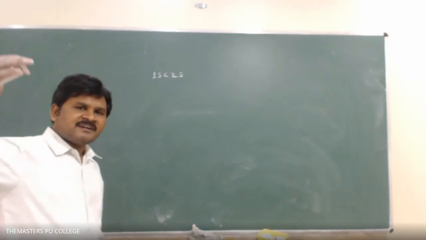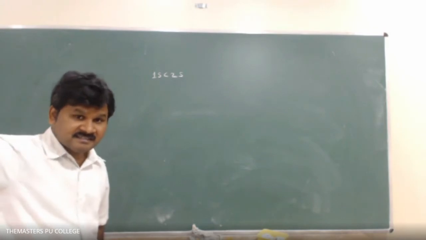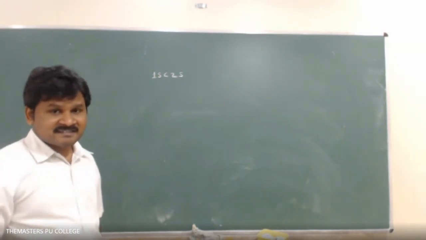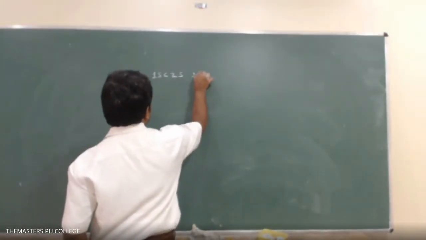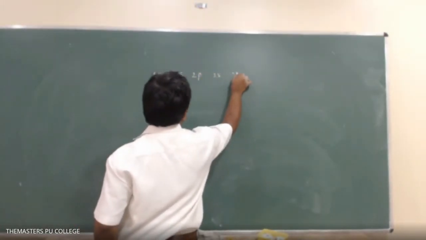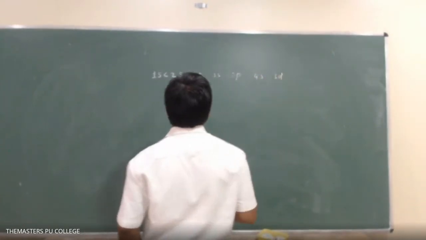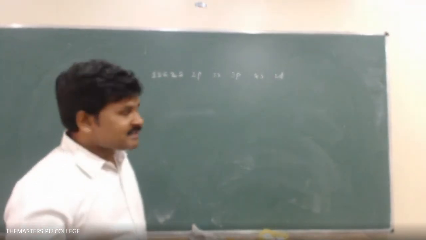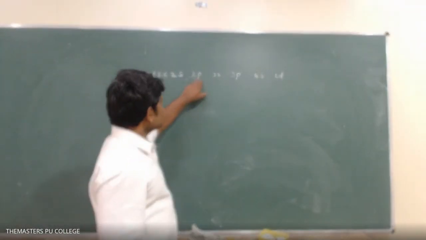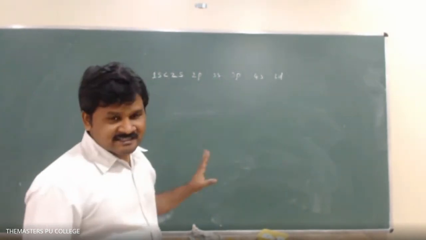We have different energy levels in different shells, and different orbitals: 2s, 2p, 3s, 3p, 4s, 3d. What about the remaining orbitals? Here you should not write 2s is less than 2p, 2p is less than 3s, 3s is less than 3p, 3p is less than 4s, 4s is less than 3d.